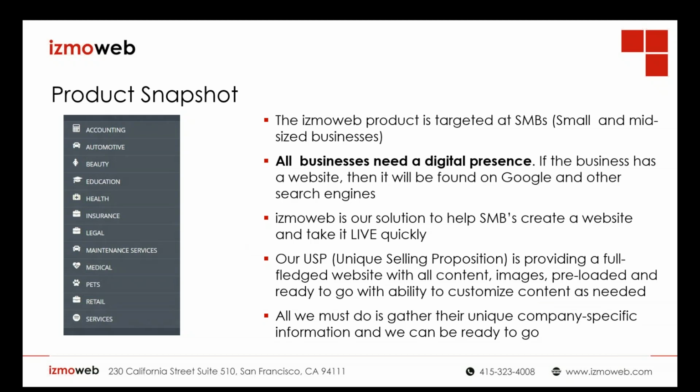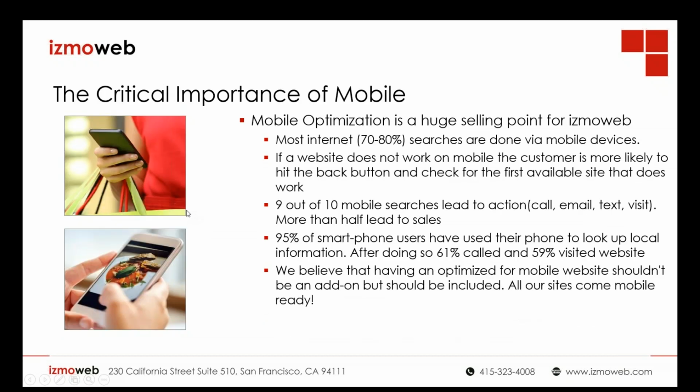Once we have the name, the address, the telephone number, and the hours of operation, we can have that website up and running. Depending on the time of day that we get it, we can have it up in less than 30 minutes. Customizations will take a little bit more time, but they can customize as they go by working with Anand and his team, okay?